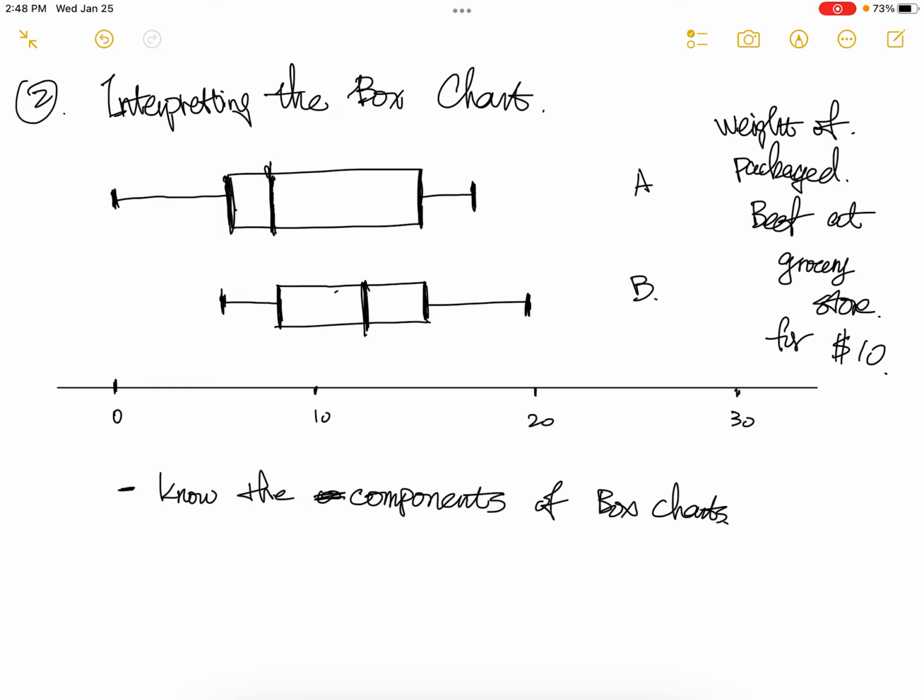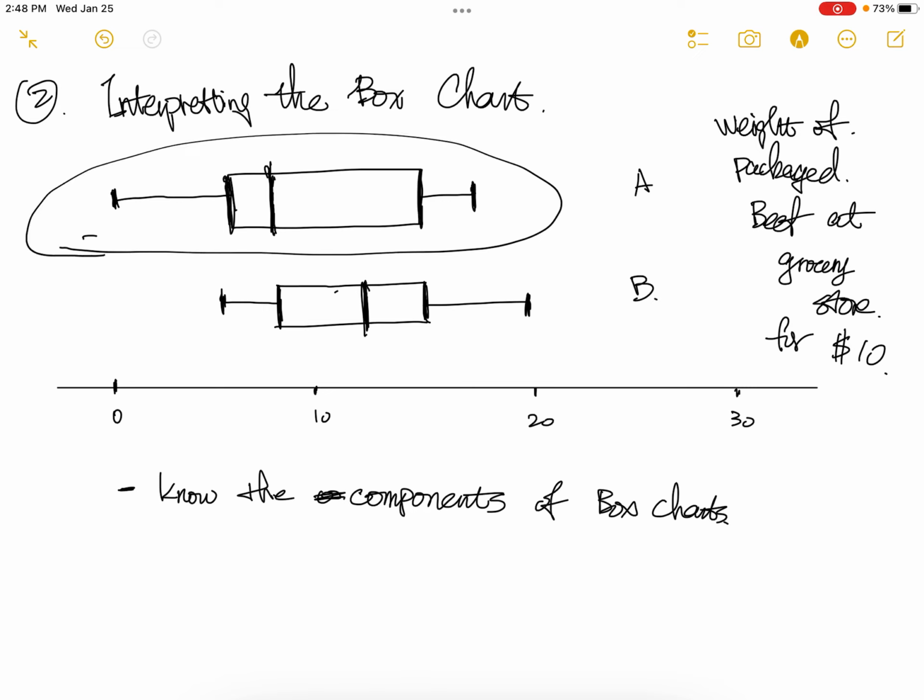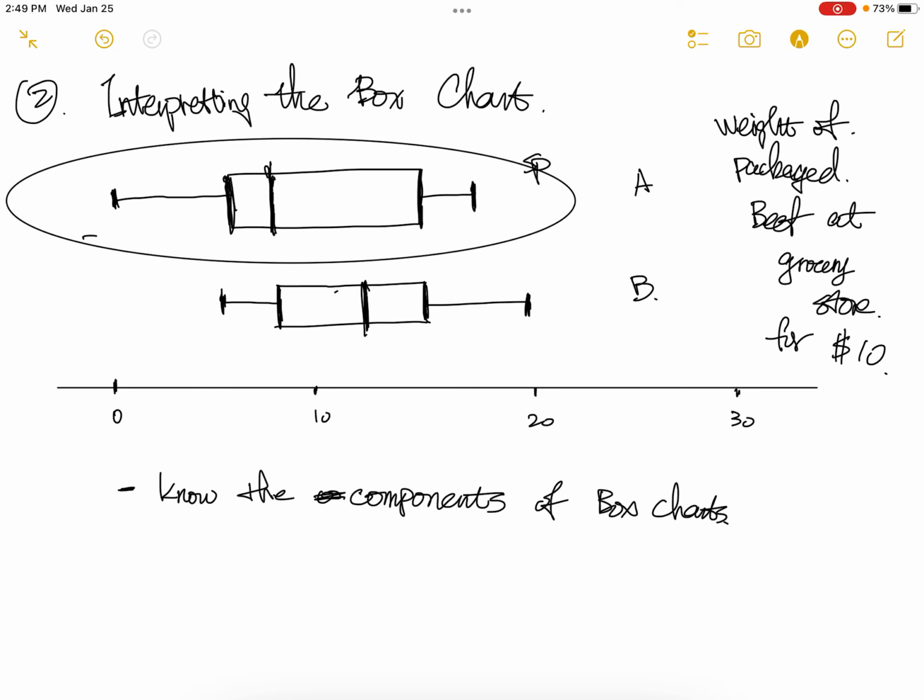Then if we take a look at this, you see that for A, this one here is more spread out. So spread out means high variability. So that means that in this case, the weight of the packaged beef varies greatly from unit to unit.